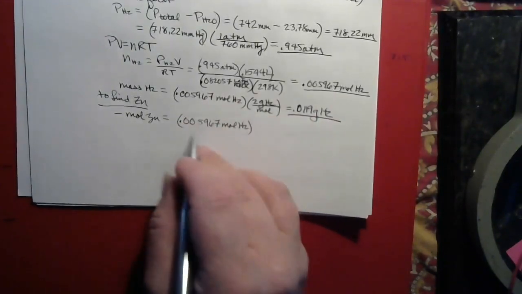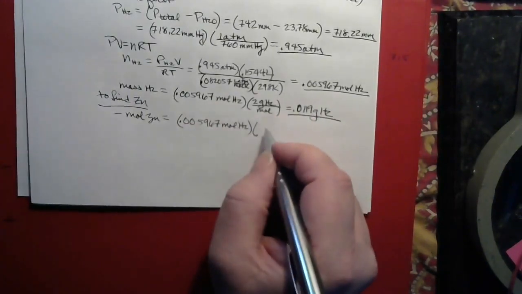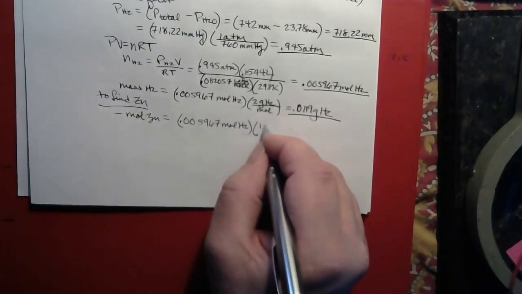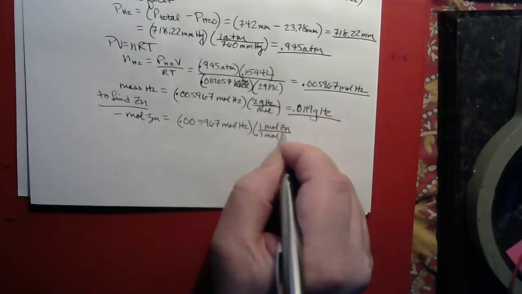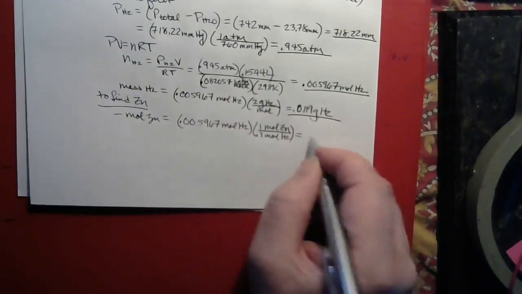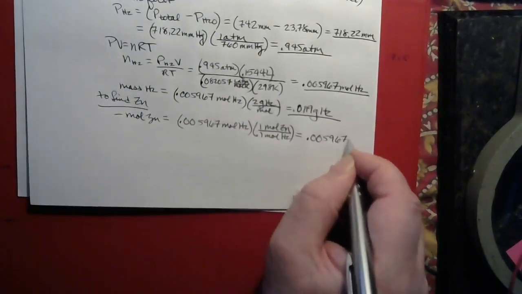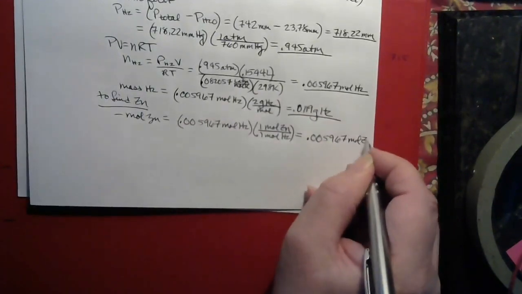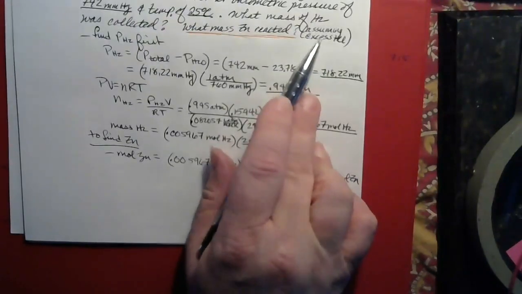So if we produced 0.005967 moles of hydrogen, and the equation tells us that we used 1 mole of zinc for every 1 mole of hydrogen, that would tell us that we must have used 0.005967 moles of zinc, assuming that we had an excess of hydrochloric acid.